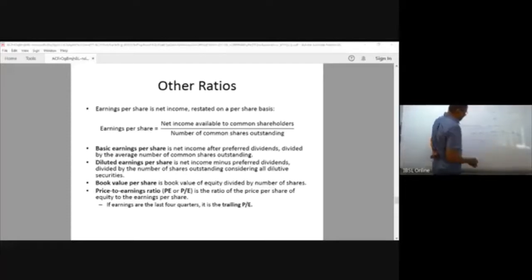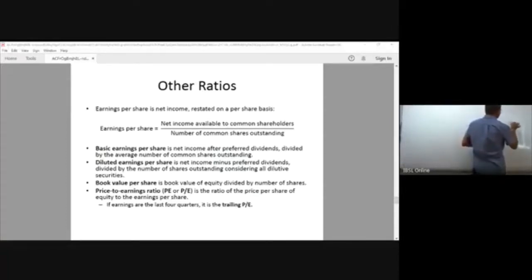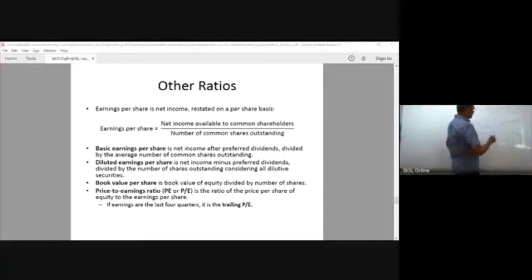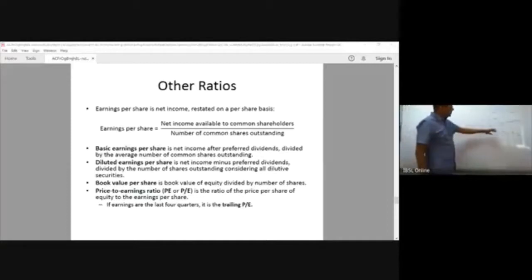If it is 5, your share is overpriced. This is another way of identifying whether a share is overpriced or underpriced. Under the industry standard, it should be 5 into 10 rupees, which is 50 rupees, but it is trading at 100 rupees, so it is overpriced. So we will say don't go and invest here, because at the moment it is overpriced.